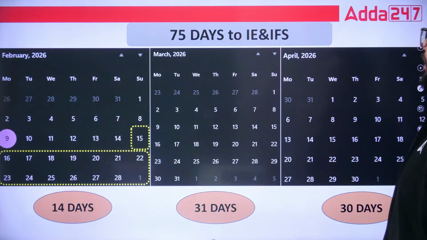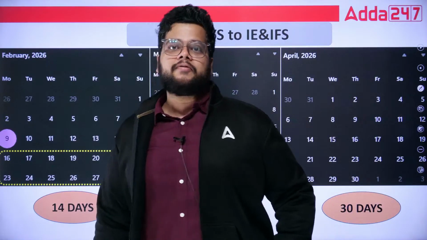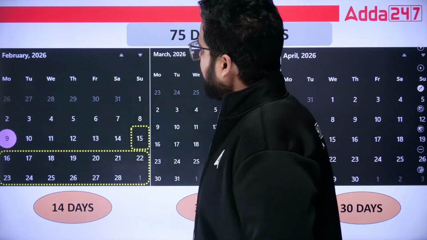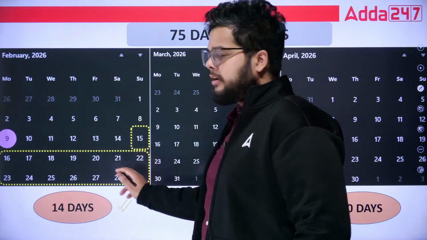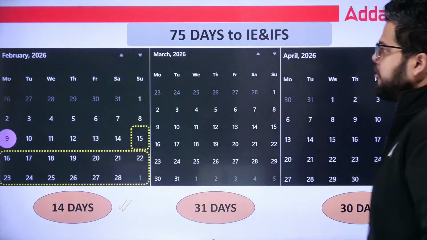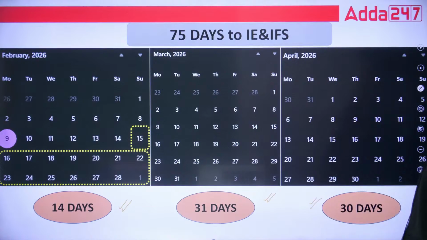But before that, let me remind you that we have only 75 days left for our IE and IFS examinations. Yes, you heard it right. When you talk about the February month, only 14 days are left when you start calculating from Sunday, that is 15th of Feb. Then for March, 31 days are there, and in April only 30 days.